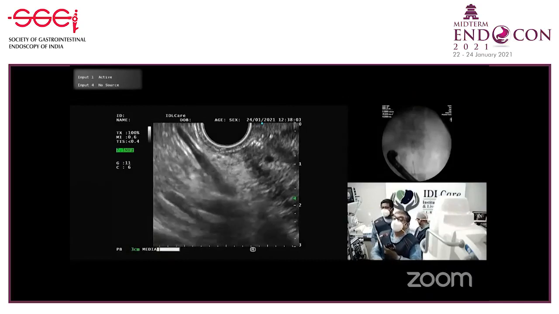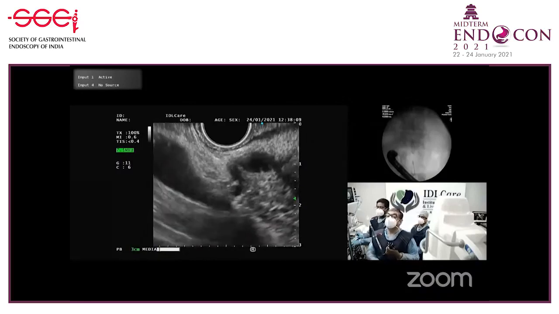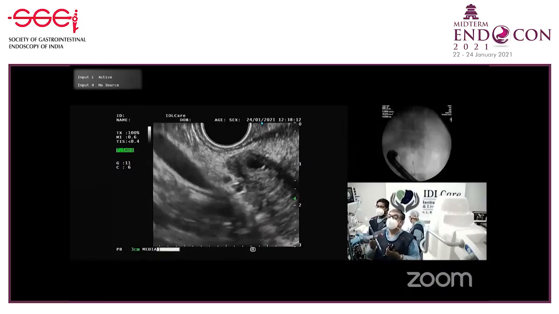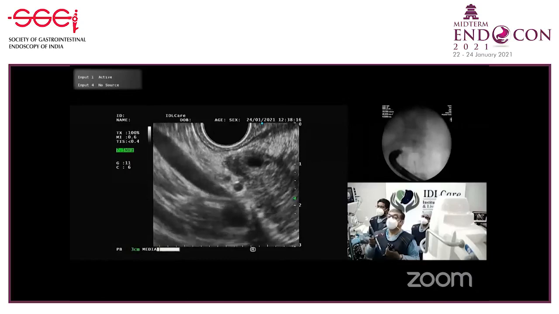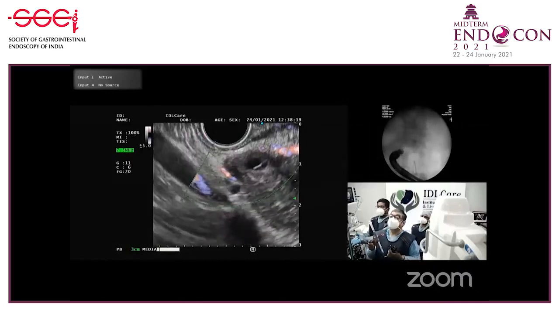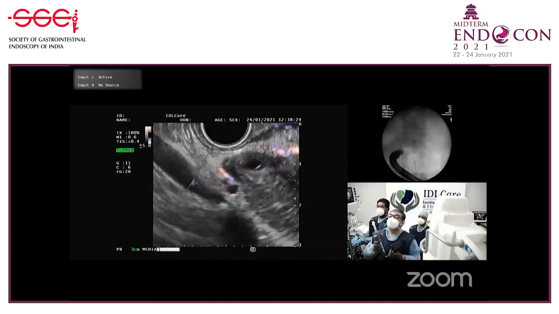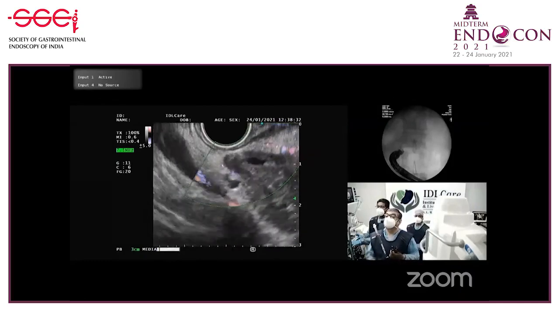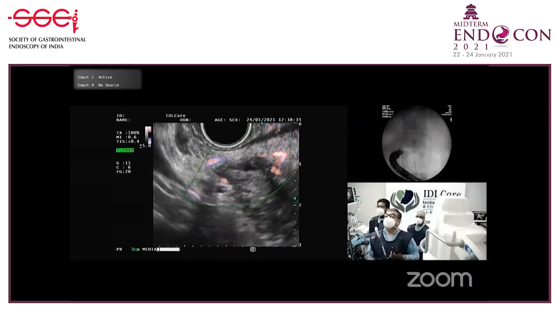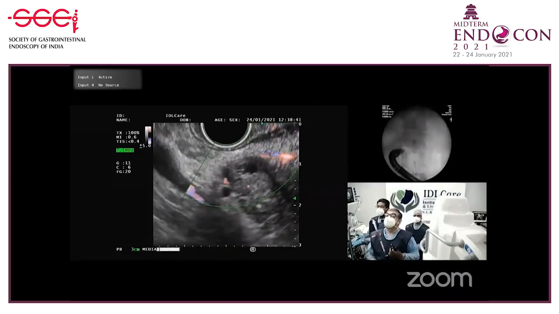We need to get another view where we can puncture. Otherwise, I can always try from the liver. Okay, Doppler. Now you see it's becoming a little dangerous. We push it a little bit, try to bring it close. So see, there are so many vessels here. It looks difficult, doesn't look very smooth.